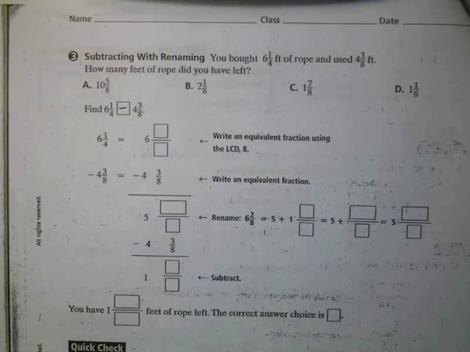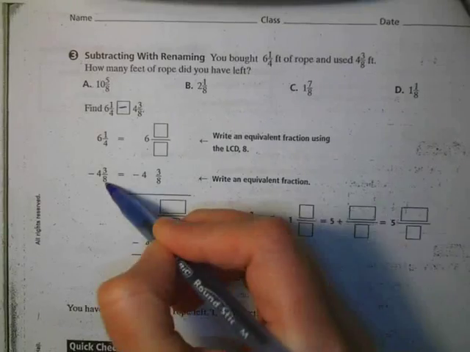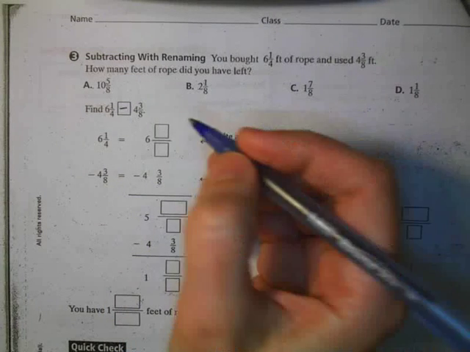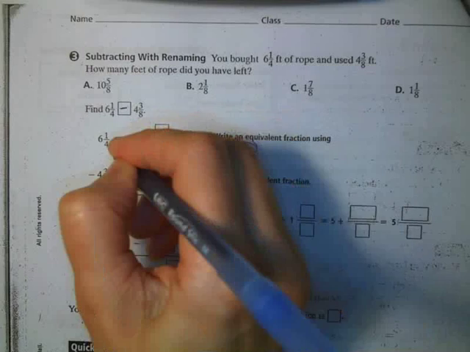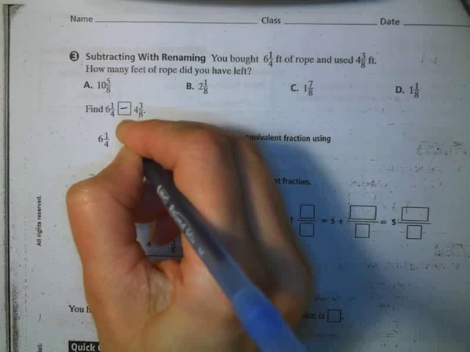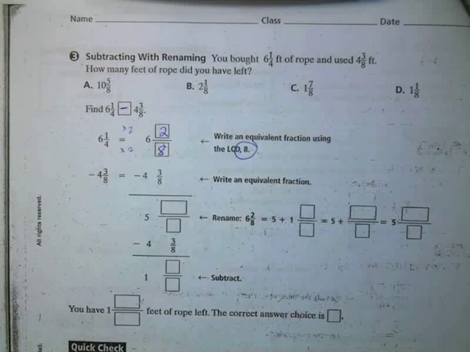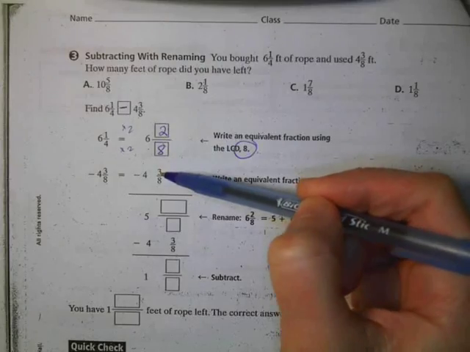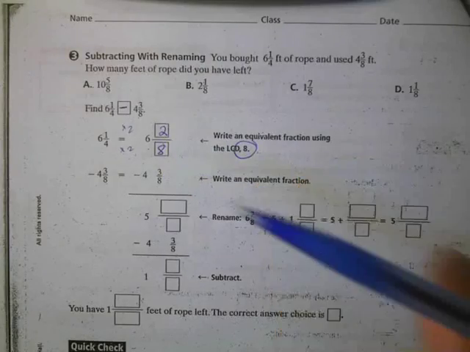Okay, so I have fourths and I have eighths. Since 8 is the LCD, because 4 goes into 8, I can just use that. 4 times 2 is 8, so 1 times 2 is 2. So I have 6 and 2/8 minus 4 and 3/8. I can't say 2 minus 3 and get a positive number.